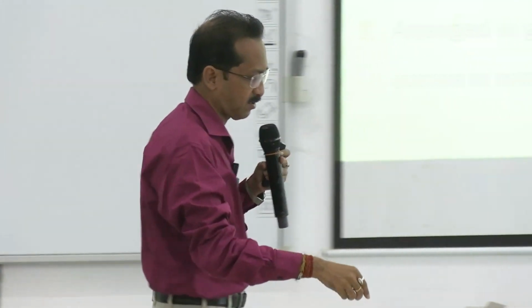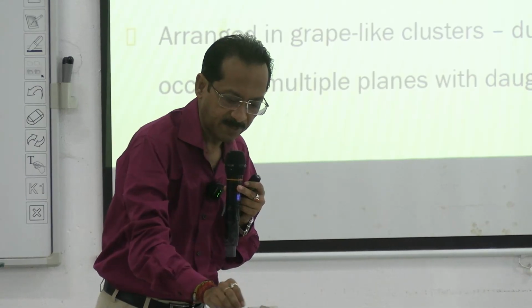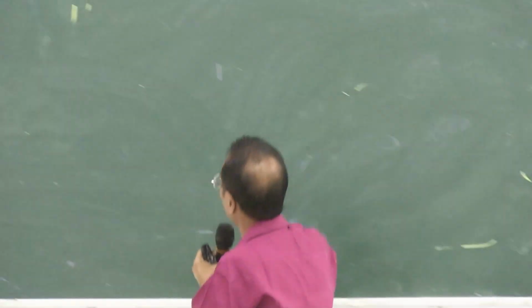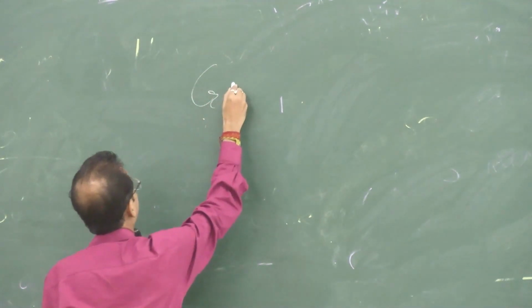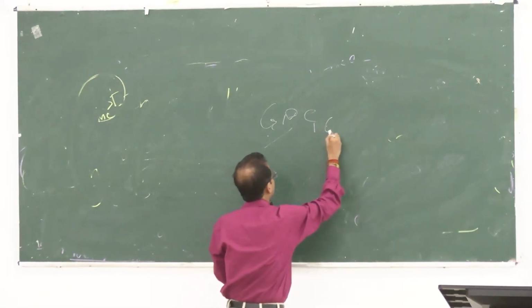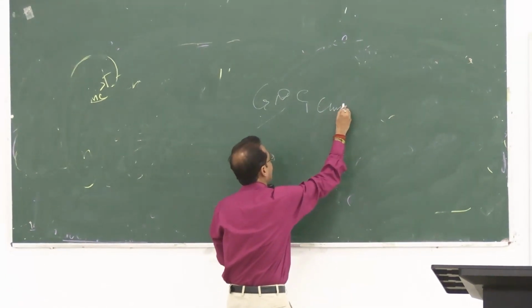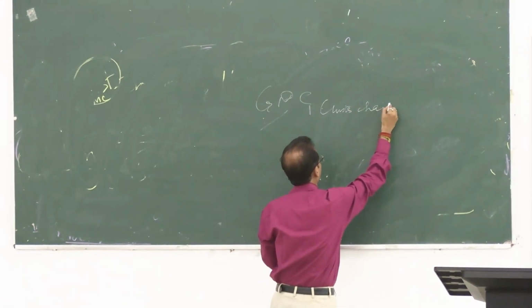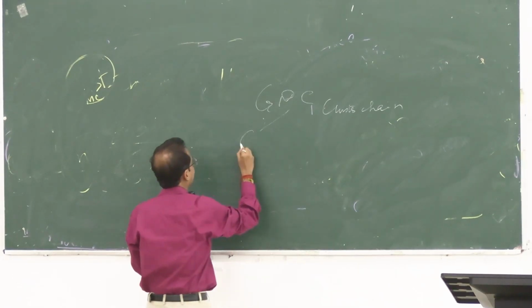If gram-positive cocci is given in the exam, you cannot write all the features. Any GPC, whether in a cluster or chain, for a theory exam, first you do a catalase test.